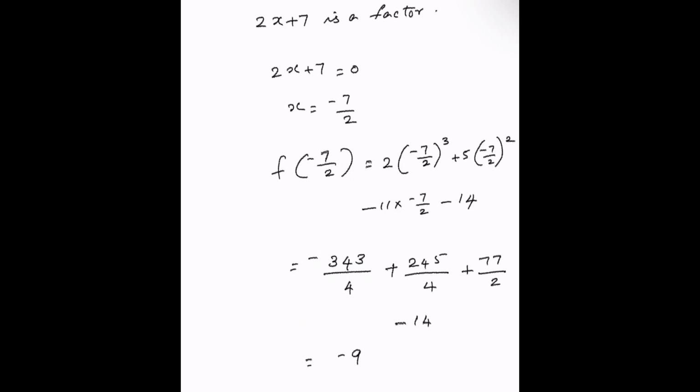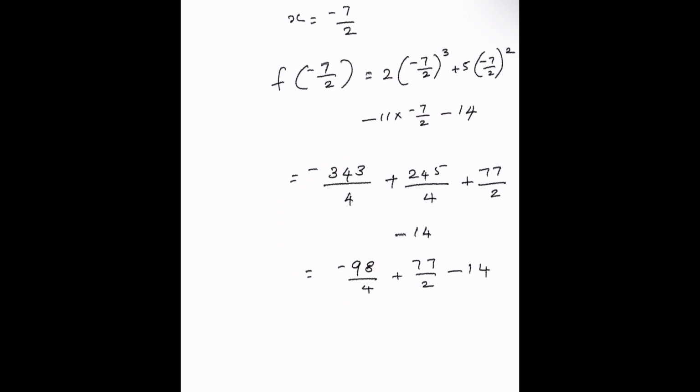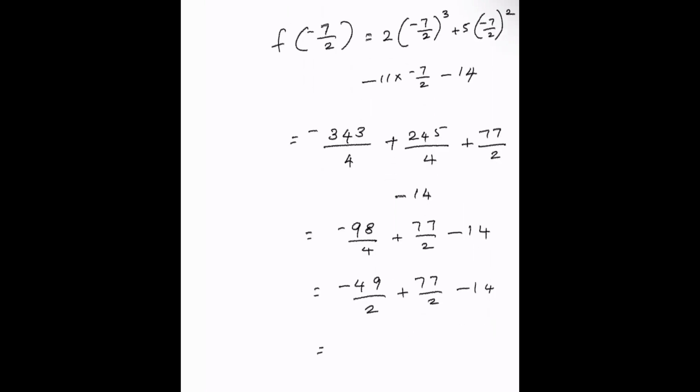This is negative 98 by 4 plus 77 by 2 minus 40. So you get minus 49 by 2 plus 77 by 2 minus 40. So 28 by 2. What is 28 by 2? I'm getting 28 by 2 minus 14, which is 0. 14 minus 14 is 0 is what I'm getting.